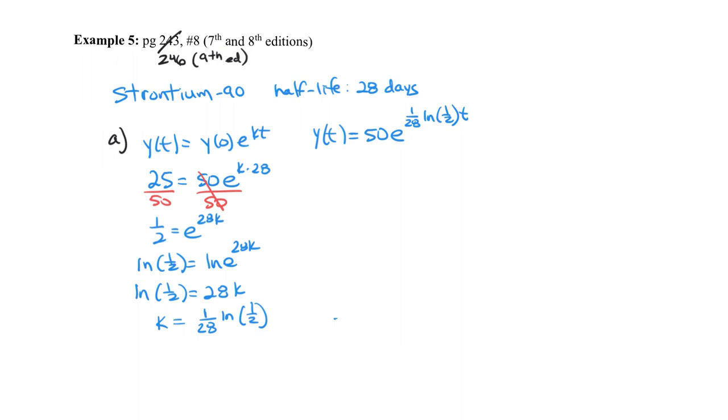So if I wanted to, I could write it like 50 e to the natural log of 1/2 times t over 28. Right, so I put the 28 over here by the t, and you multiply, this is like t over 1, so I get this. But I really want this because I want these two to be grouped together, because then I'm going to purposely group these like we did before.